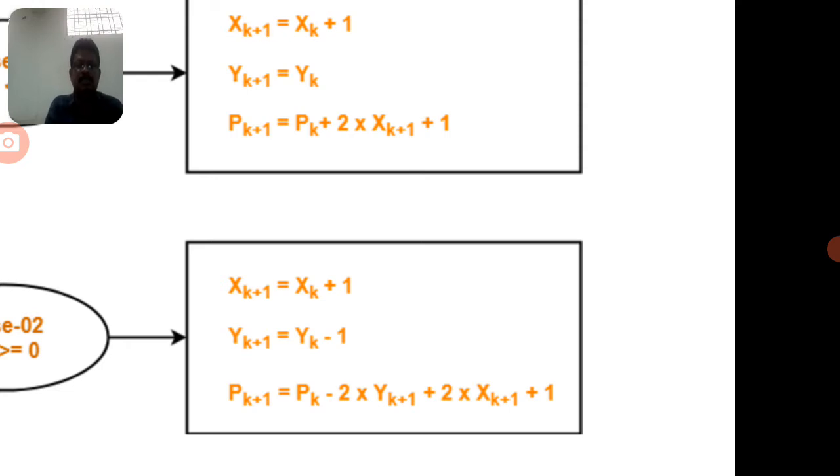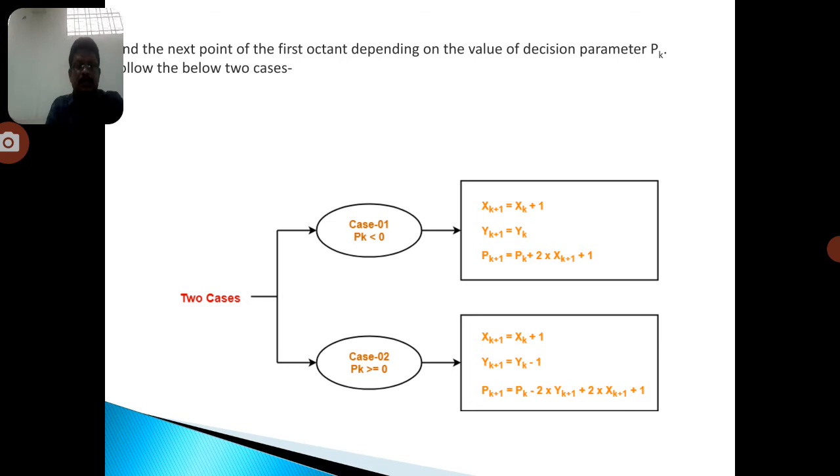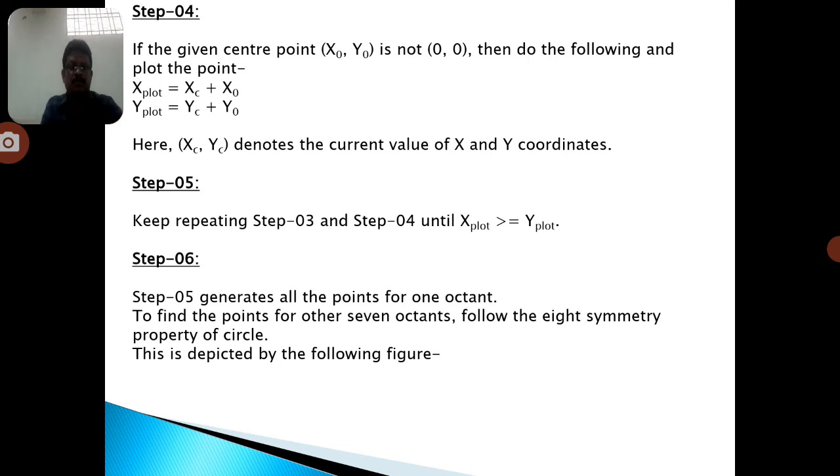This is a somewhat different equation compared to Bresenham's. So in this midpoint circle drawing algorithm, the next value pk plus 1 equals pk plus 2 into yk plus 1 plus 2 into xk plus 1 plus 1. These are the two conditions based on the decision parameter.